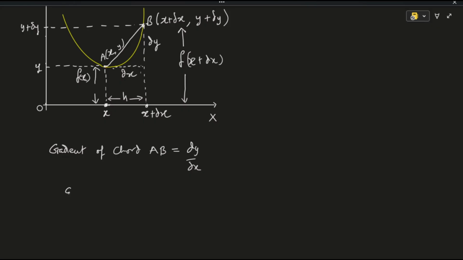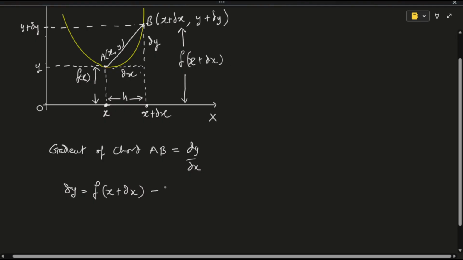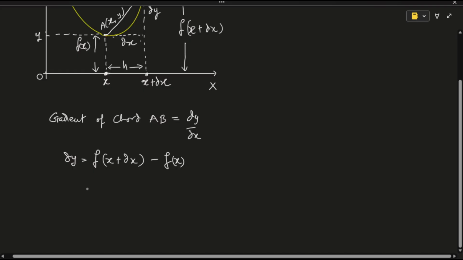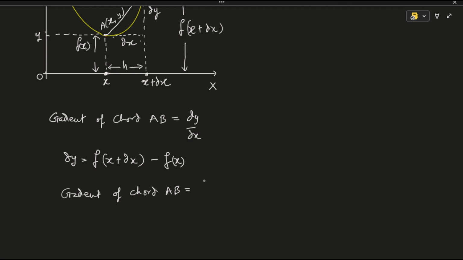So we can represent dy as f of x plus h minus f of x, and by that, the gradient of the chord can be represented by dy over h.